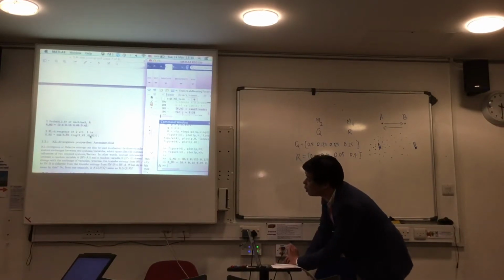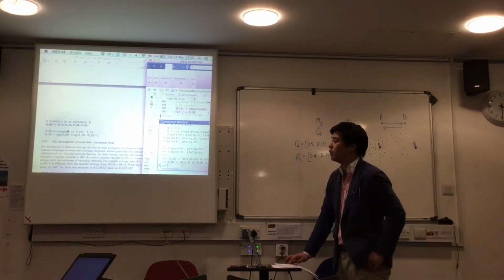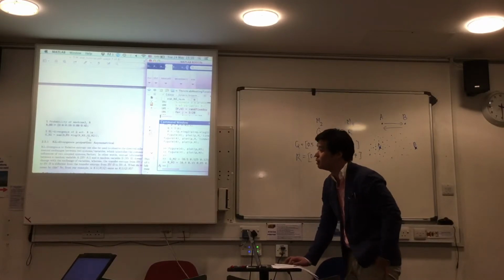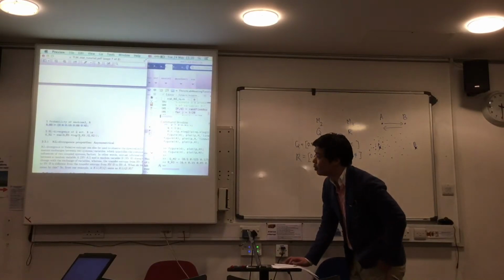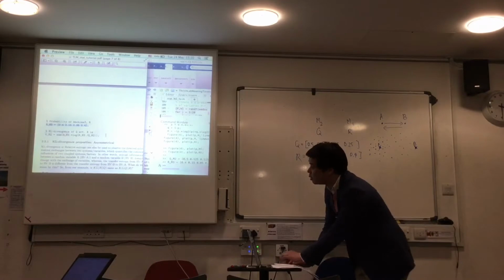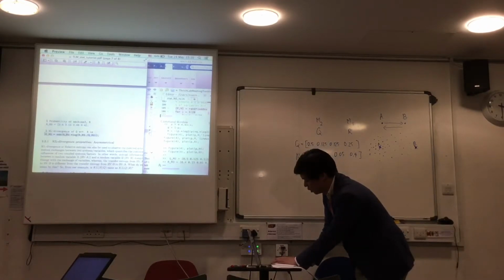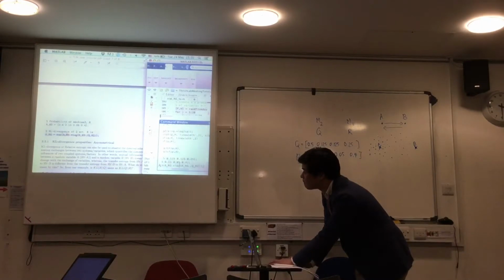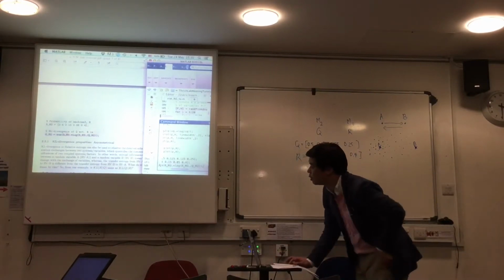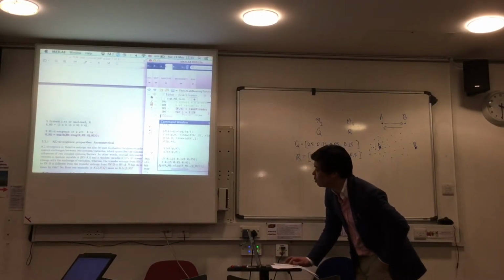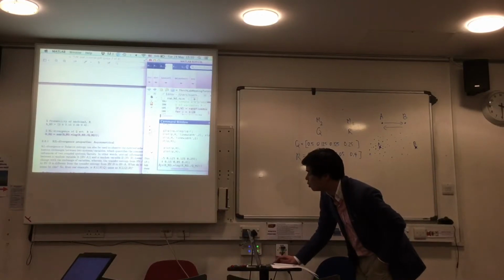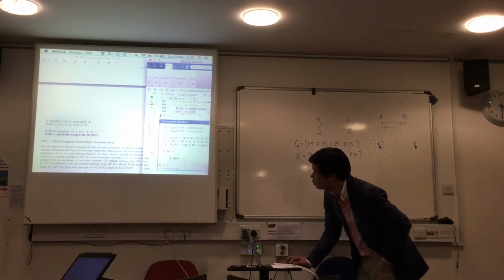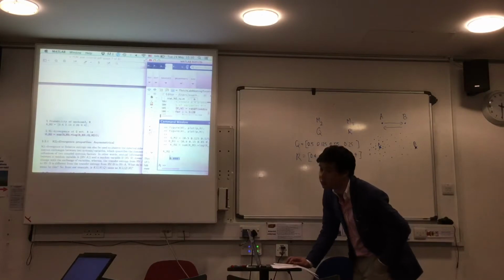And we now find the KL divergence of Q with respect to R. So we just say the sum of this probability R. So now Q with respect to R, we get this, the KL divergence.